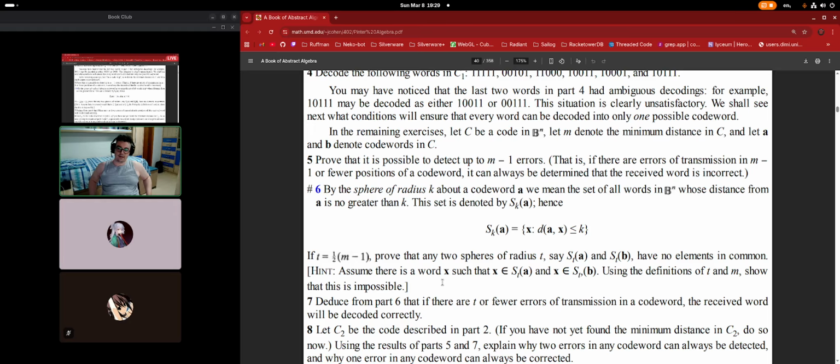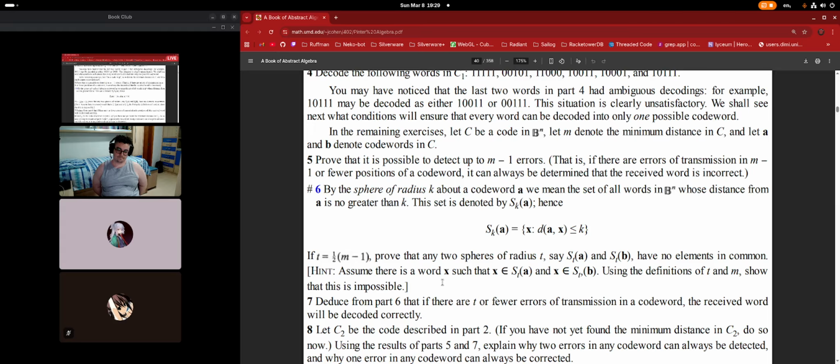When you say overlap, you mean the ambiguity could lead to either of them. Yeah, overlap means you have an element that is in both spheres, which is what they're trying to rule out. Basically, in order for the overlap to even be possible, the radius of each sphere needs to be at least half of m. That minus one over there is making sure that there will be a gap.